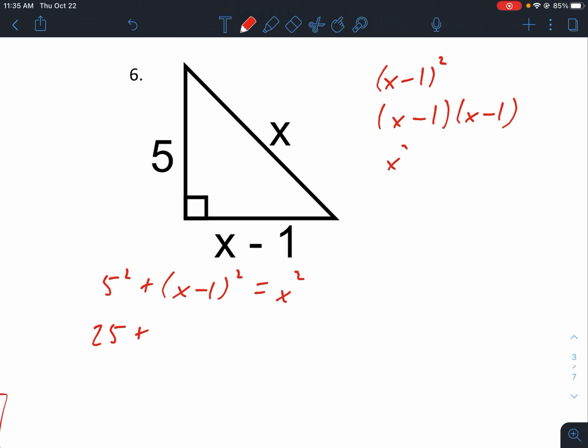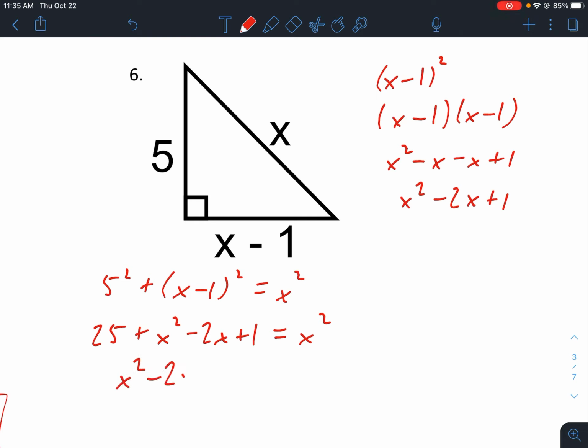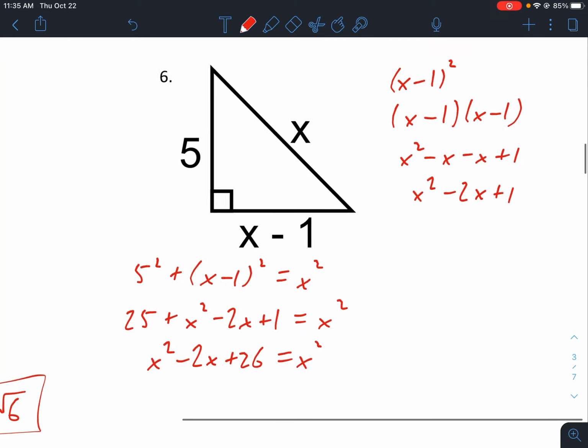If you distribute, you get x squared minus 2x plus 1. And that equals x squared. Combining like terms on the left side, we get x squared minus 2x plus 26 equals x squared.